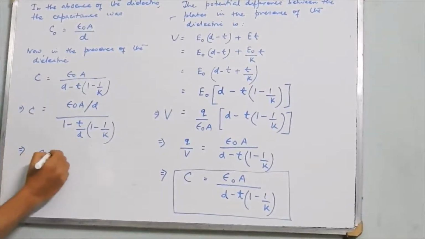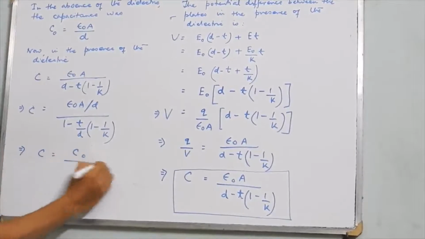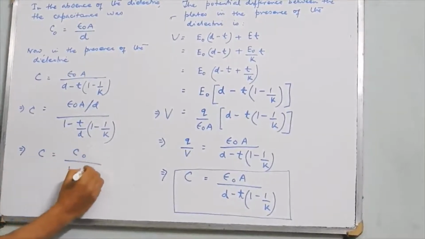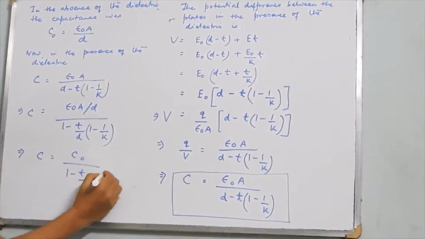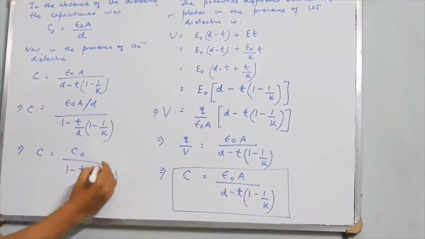So C is equal to C0 divided by 1 minus T by D times of 1 minus 1 by K.